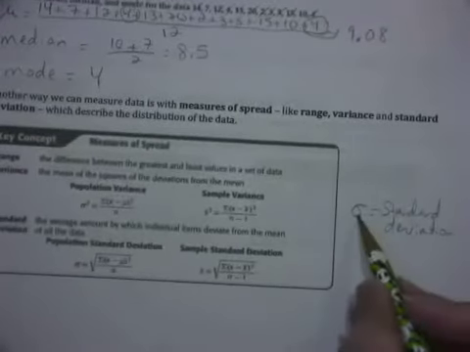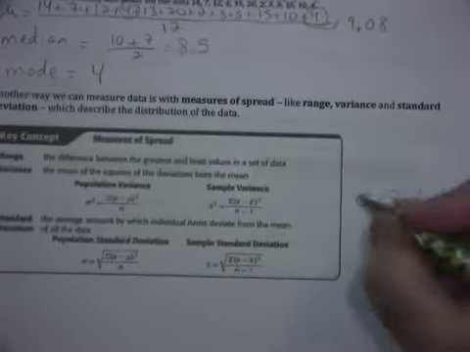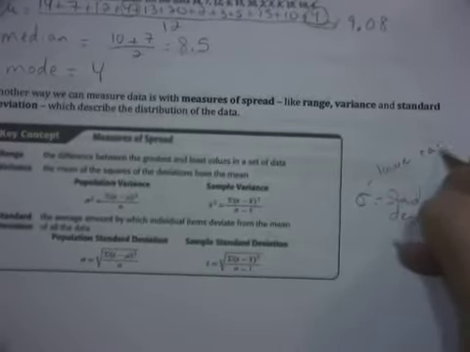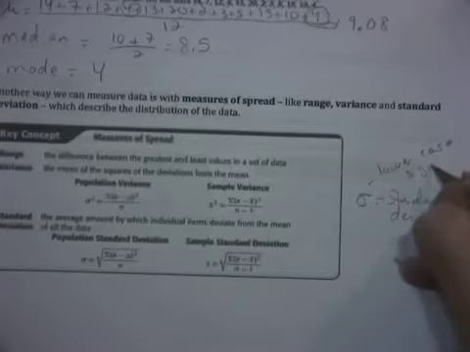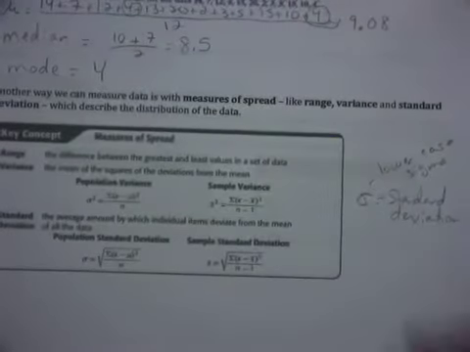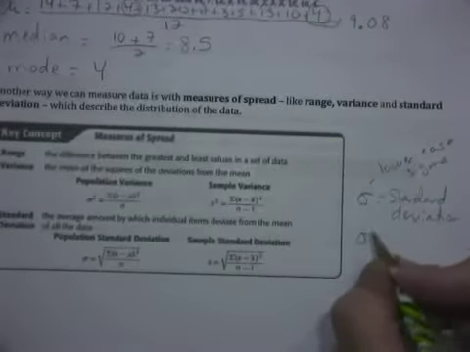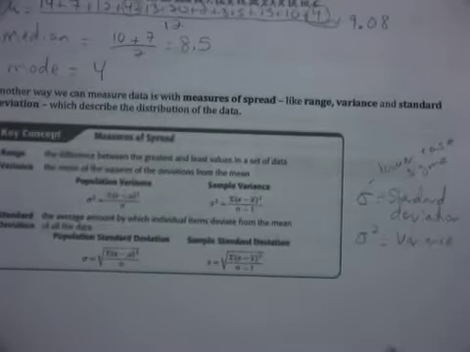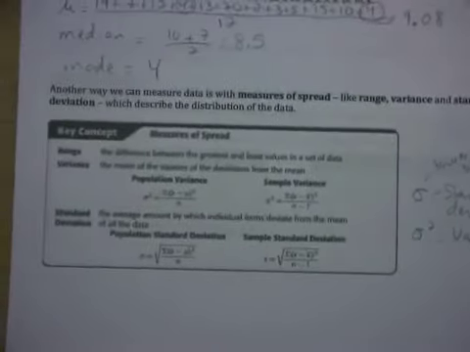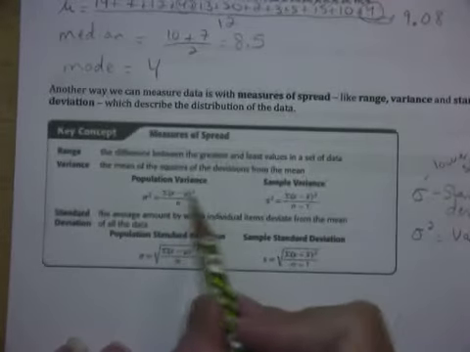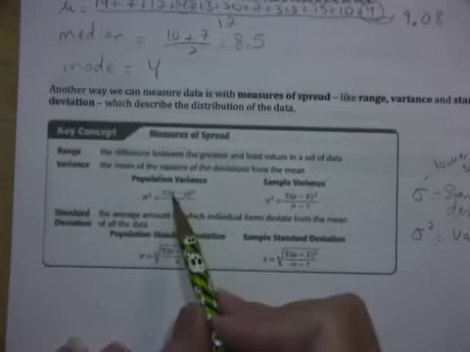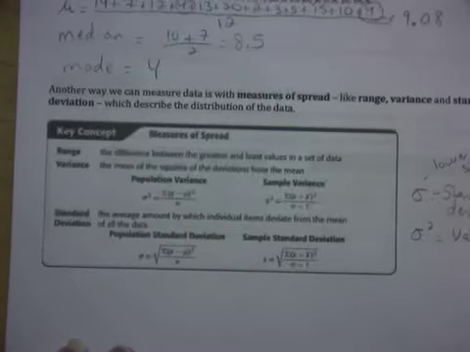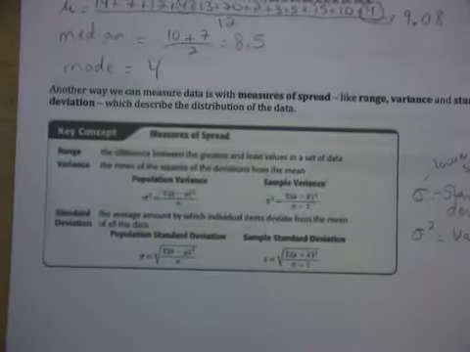And I hope this isn't confusing for you, but this is actually called a sigma. It's a lowercase sigma. And so sigma squared is the variance. It's found by taking the sum of the square of the difference between each term and the mean, and taking that sum and dividing it by the number of terms.